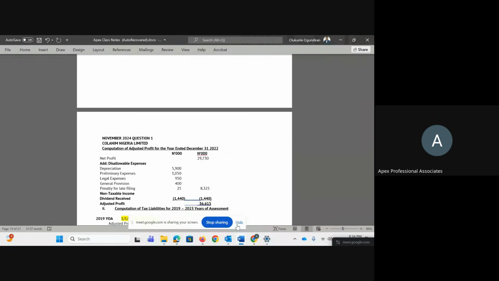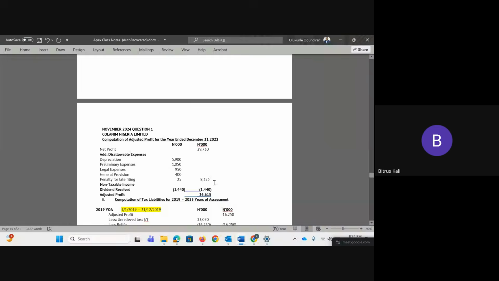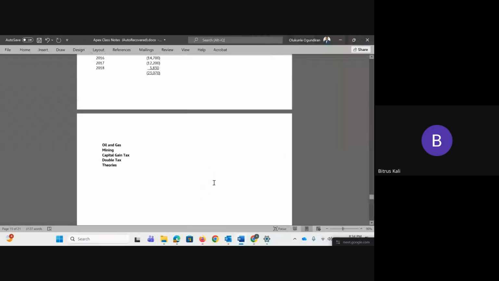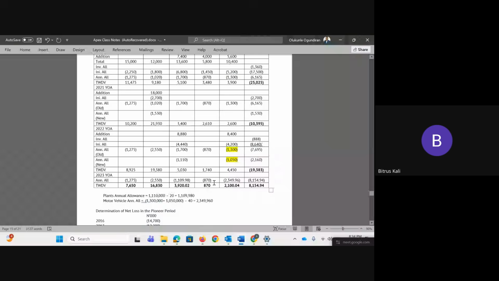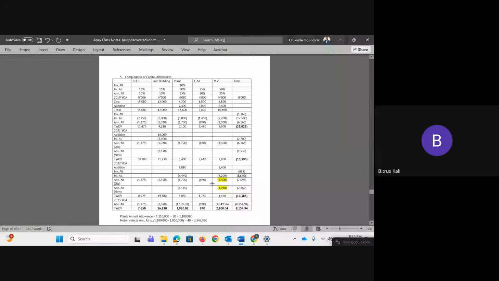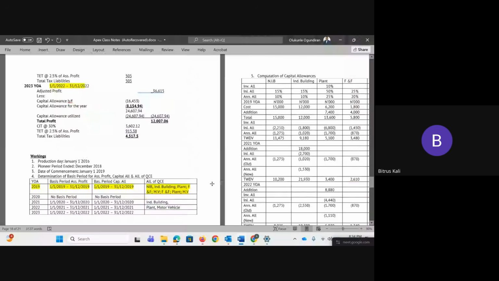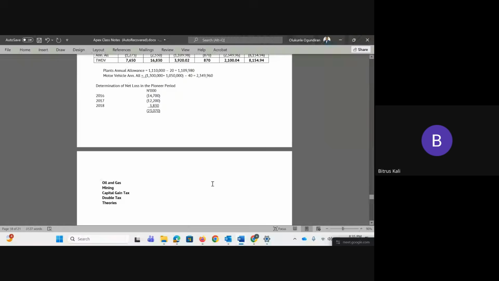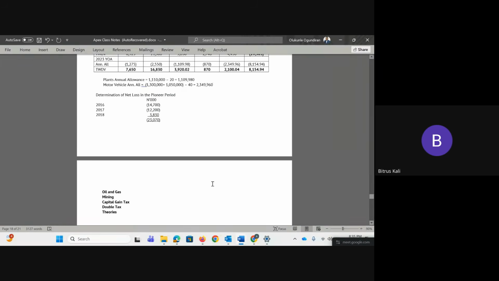Capital allowance. From that last computation, the last one. Yes, from this computation, I didn't get.